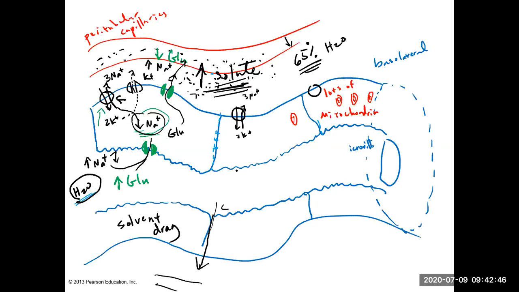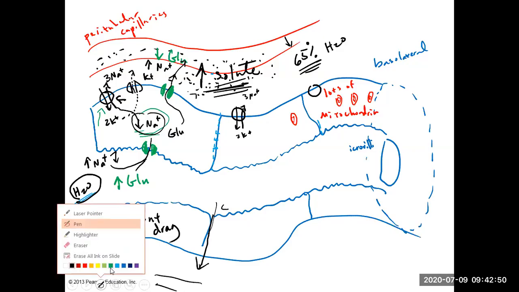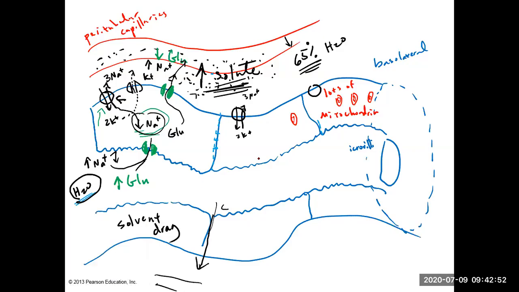Amino acid reabsorption is a very similar phenomenon. I'm just going to use a different color for that. So let's use the red color in this case. All right. Same thing, you have amino acid and the sodium.